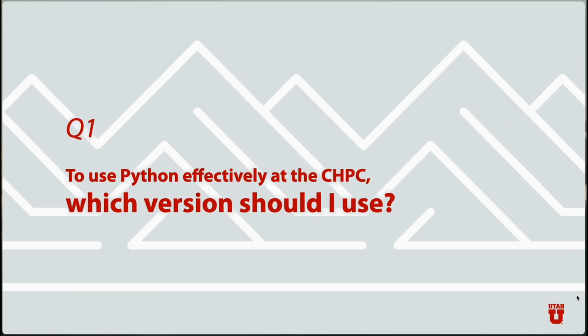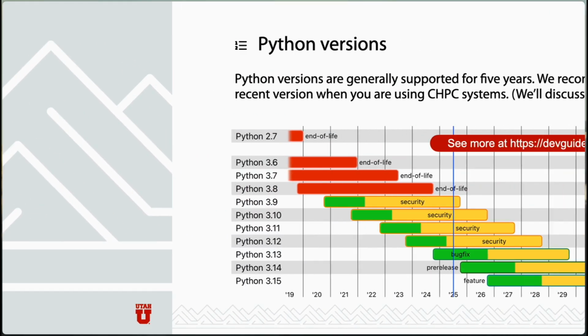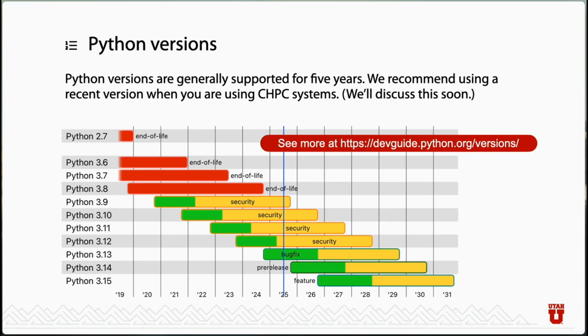I'm organizing this presentation as a series of questions, and the first one I'm going to address is, in order to use Python effectively at the CHPC, which version should I use? Python versions are generally supported for 5 years.